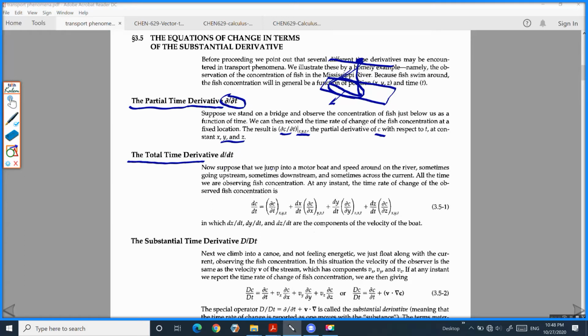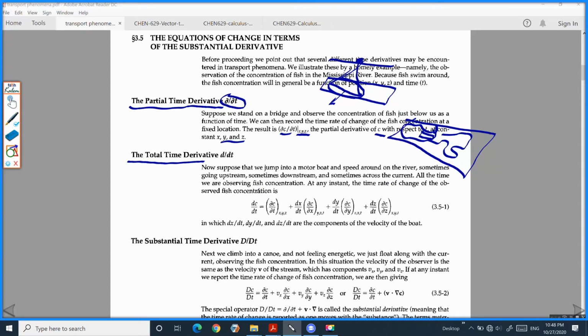Now suppose you are no longer on the bridge, you just jump on a motor boat and speed around the river. Now you are in the river. Let's say this is your river. You are in the boat like this. You just go around by boat, sometimes going upstream, sometimes downstream, sometimes across the current.